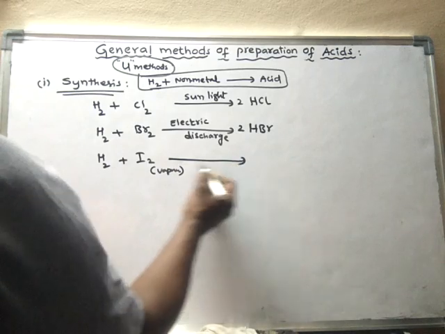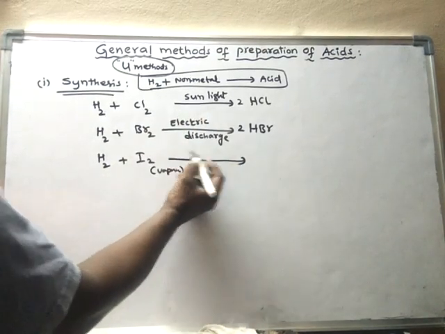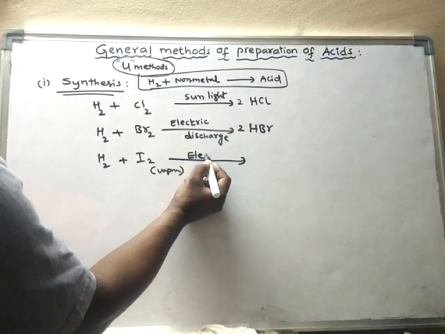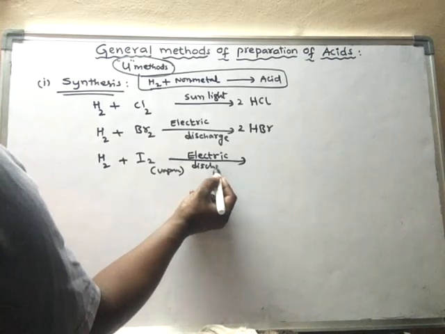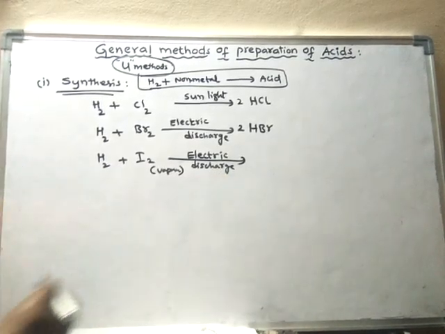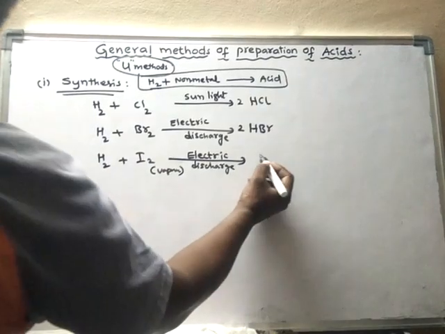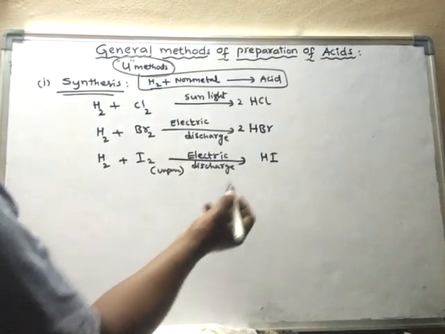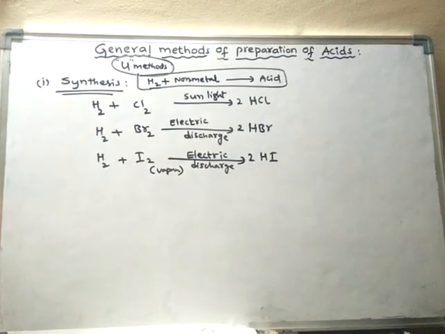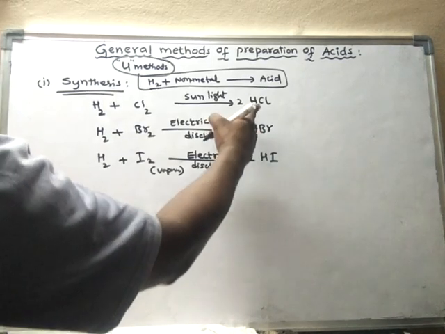In this case also the same condition applies, that means electric discharge. When electric discharge is sent through the mixture of hydrogen and iodine vapors, it forms an acid known as hydroiodic acid. This one is a stronger acid than the previous one, and that one is stronger than the one before.